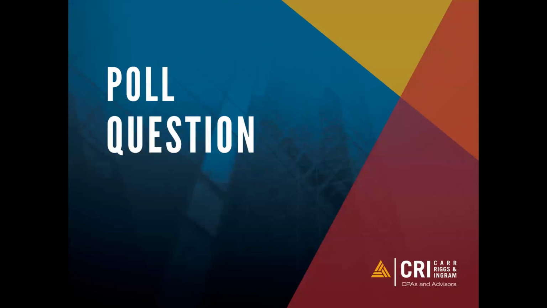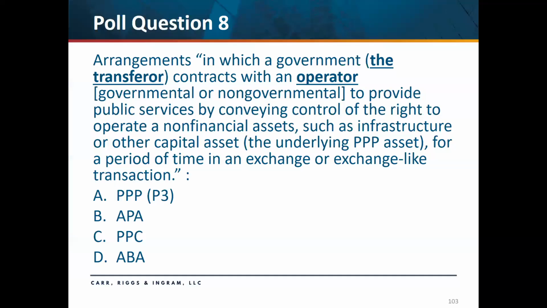And with that, we'll move to polling question number 8. Thank you, Tina. So I've launched it on the screen, and let me read it out. It's a long one. It says, arrangements in which a government, the transferor, contracts with an operator, that could be governmental or non-governmental, to provide public services by conveying control of the right to operate a non-financial asset, such as infrastructure or other capital assets, for a period of time in exchange or exchange-like transactions.